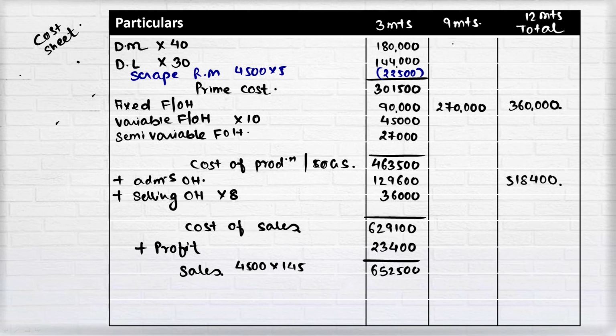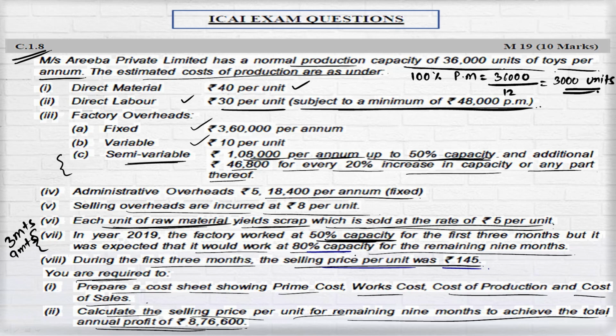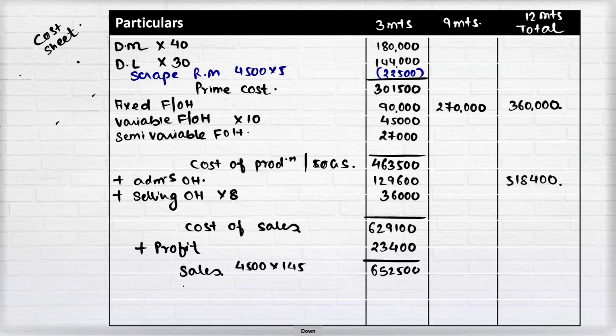All right, we are going to the next 9 months. In the next 9 months, you are working at what level of capacity? 80% of capacity. 100% of capacity is 3,000 units per month. It is 36,000 per annum, so it is 3,000 per month. 80% capacity is 2,400 units per month.